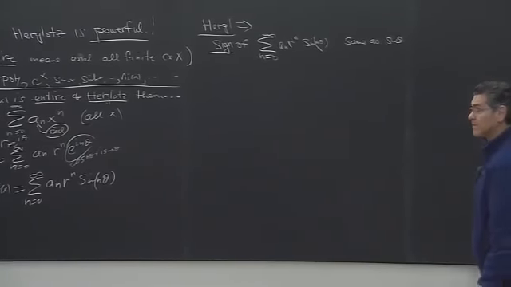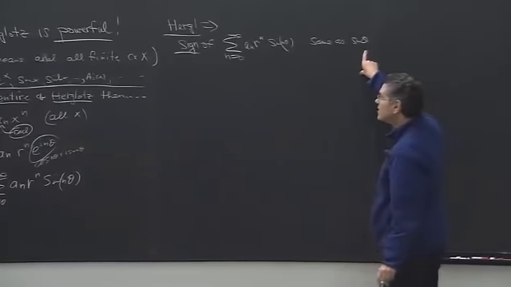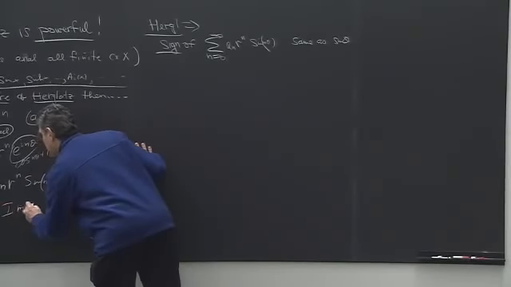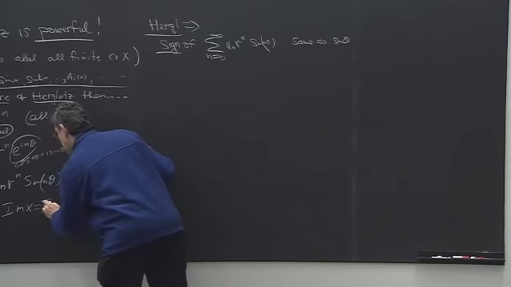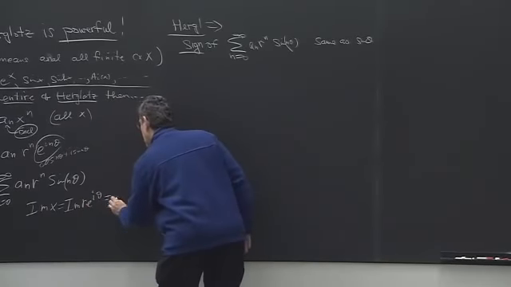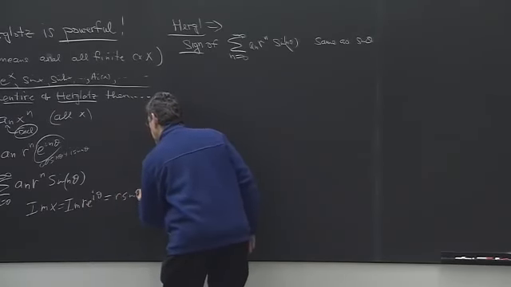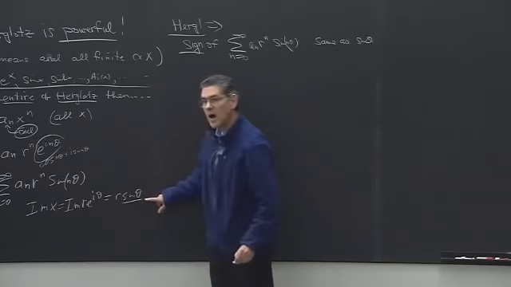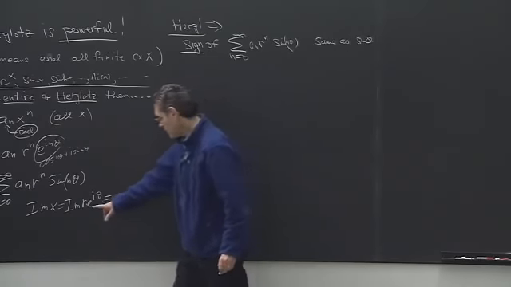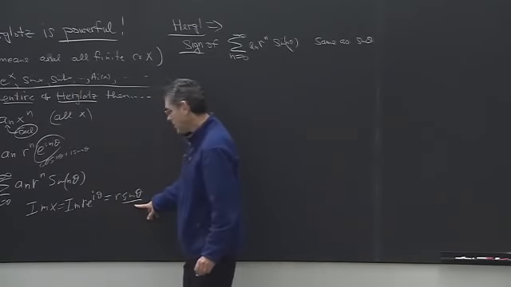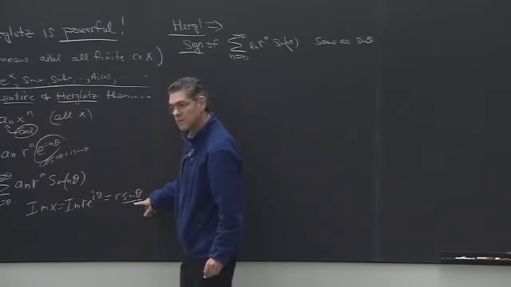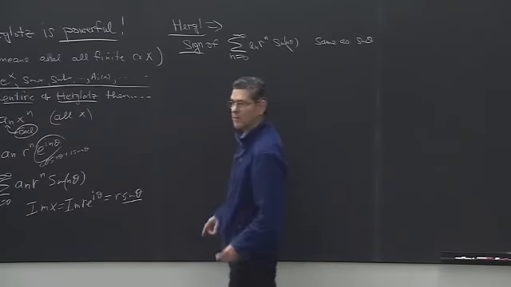That's because the imaginary part of x, which is the imaginary part of r e to the i theta, is r sine of theta. So in the upper half plane, sine of theta is positive, lower half plane sine of theta is negative.